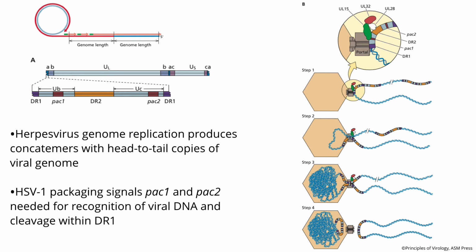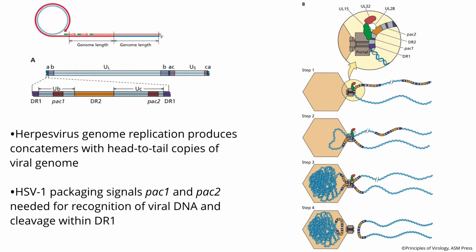So that's how the DNA is recognized. Then the portal has associated with it a motor that winds the DNA through the portal, and that's shown happening in steps 2 and 3 and 4. There is actually an energy-dependent motor that is pulling this DNA in, so it's initially recognized by the packaging signal, and then it's pulled in.